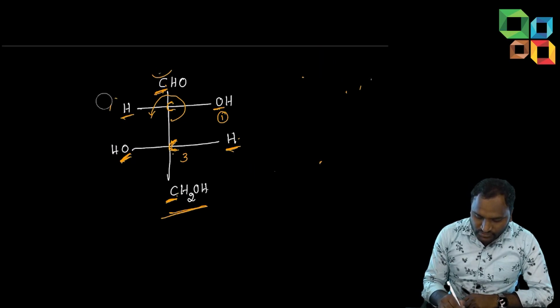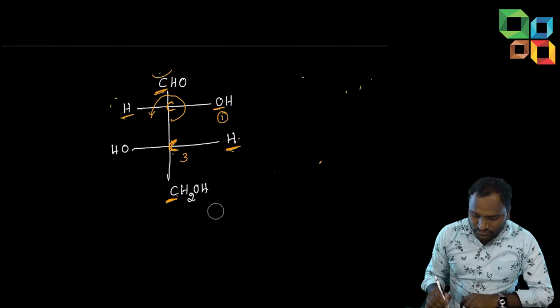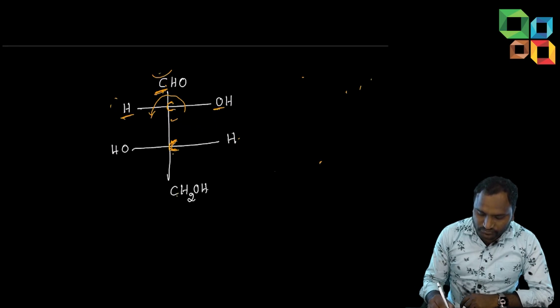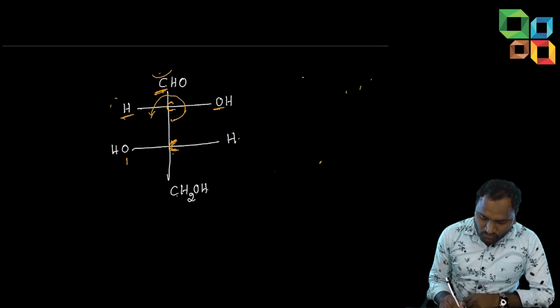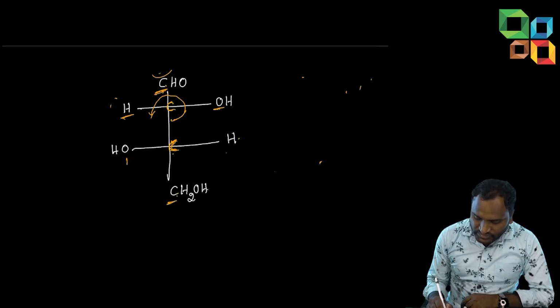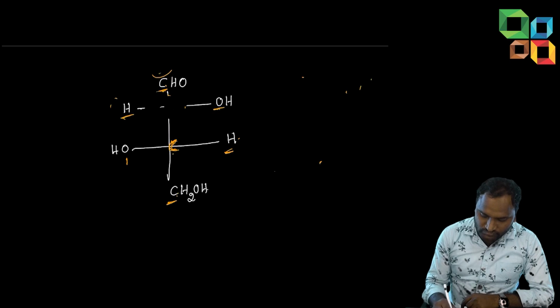So this I will erase, otherwise you will get confusion in between. First one, second one, third one. That let it be. Now, here O is there, C is there, H is there, carbon is there. This one also I erase.